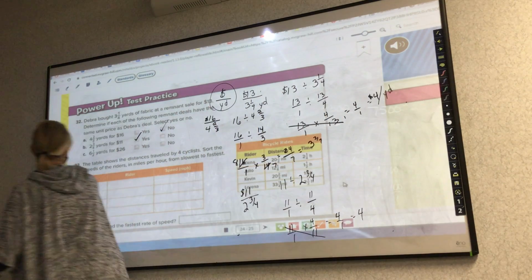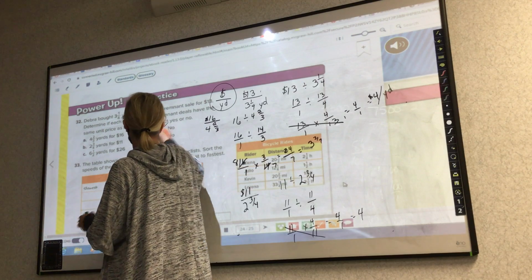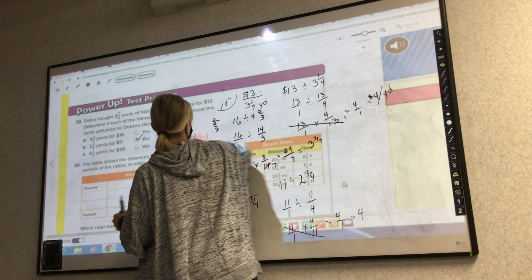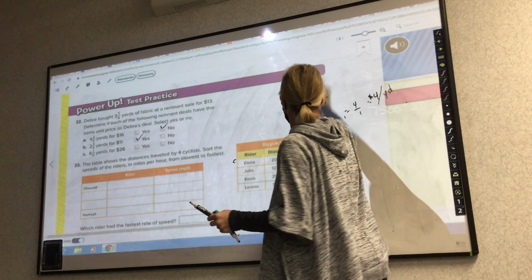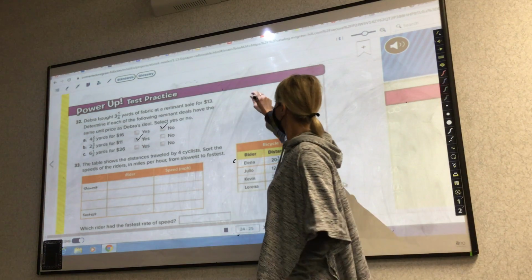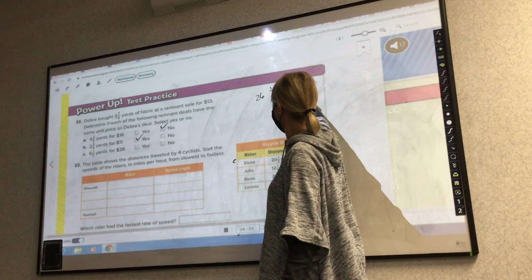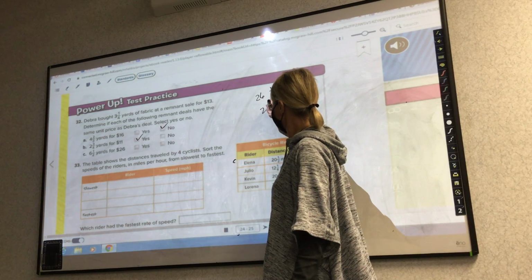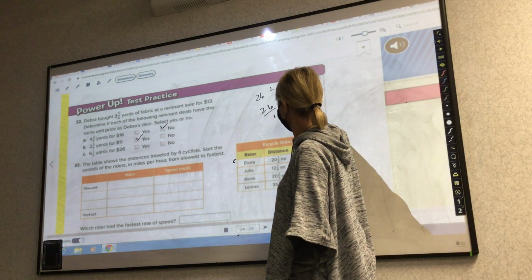So then I have 6.5 yards for $26. I'm going to erase some of this stuff. I think most of you have gotten it written down. I've got 26 divided by 6.5. So 26 over 1 divided by 13 over 2.